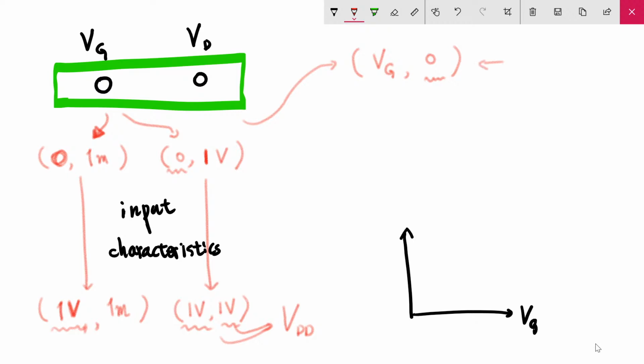Even when you have gate voltage 1 volt, you will find that that is not that difficult, because since you have applied just 0 volt to your drain, there is no voltage difference between your source and drain. So simply speaking, your system is still at equilibrium.